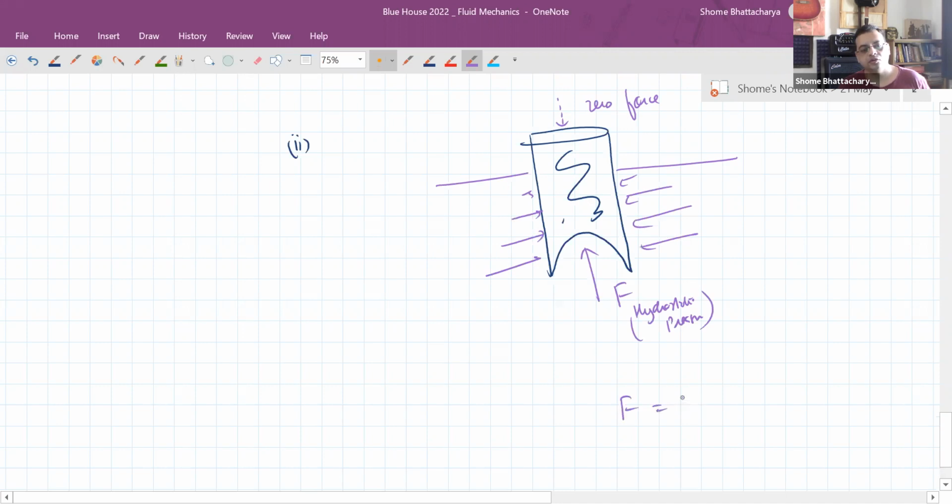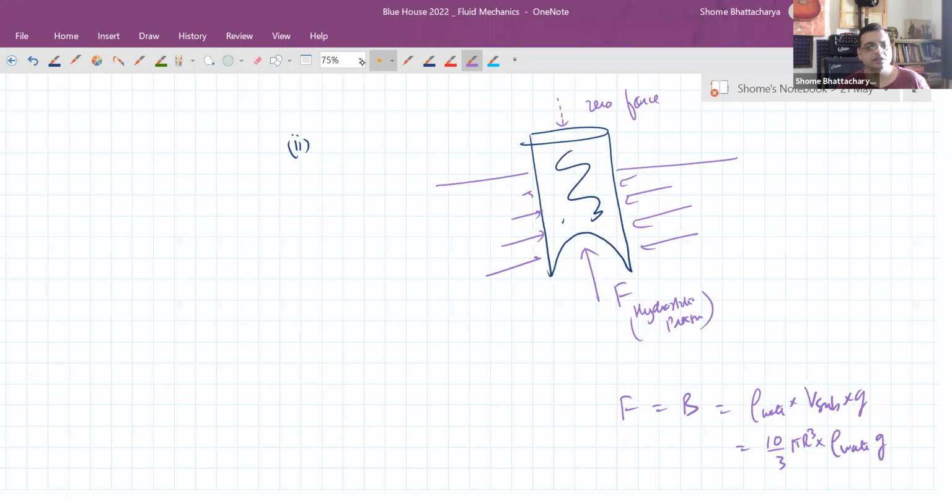So this F is equal to the buoyant force, which we just saw was density of water into volume of submerged part into g. That was how much? That was 10 by 3 pi r cube into density of water into g.